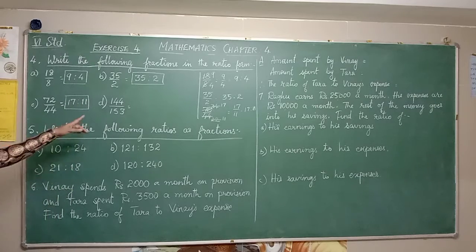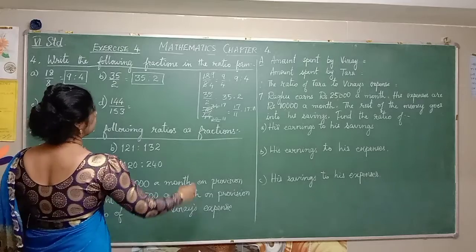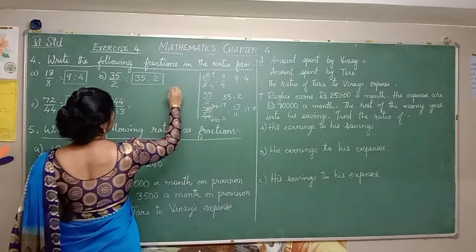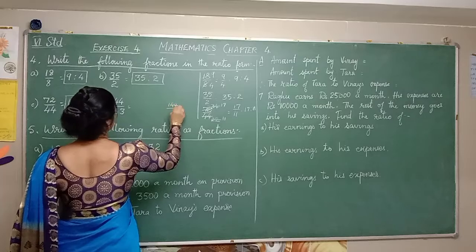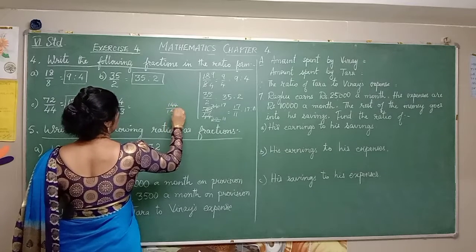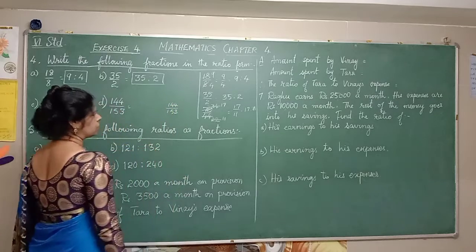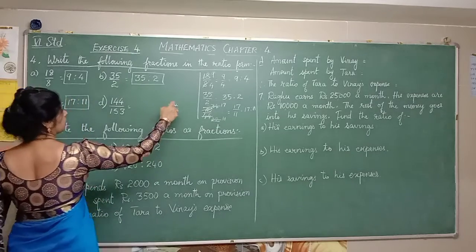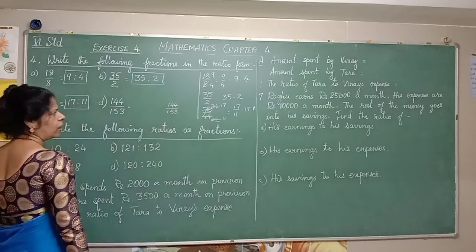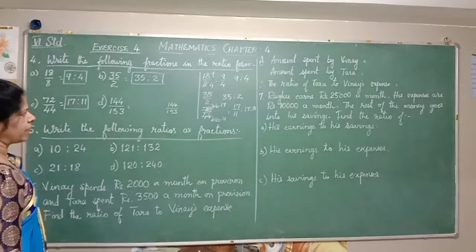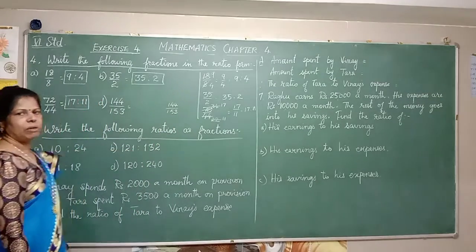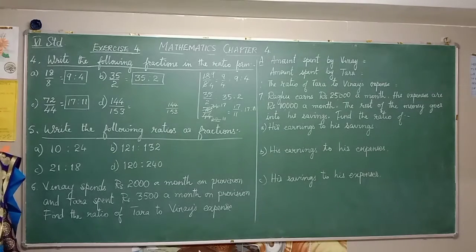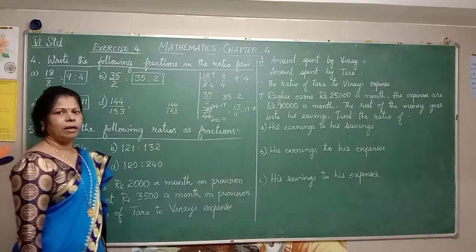Now coming to 144 by 153. I write it here. 144 by 153. See in which table it goes, because one is even and one is odd. Whether you can simplify or not, you just check. In which table will 3 come? The 3 table, isn't it? Then the 9 table we will get.